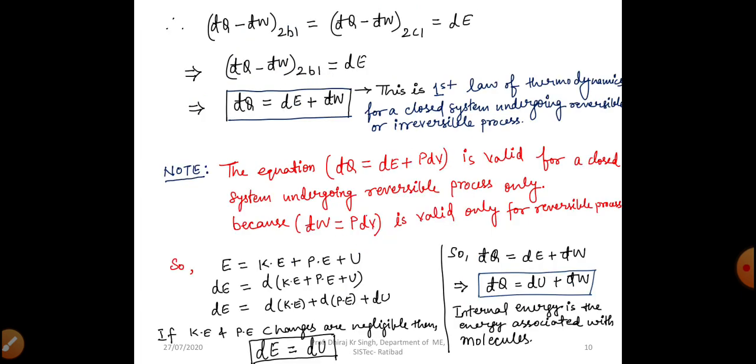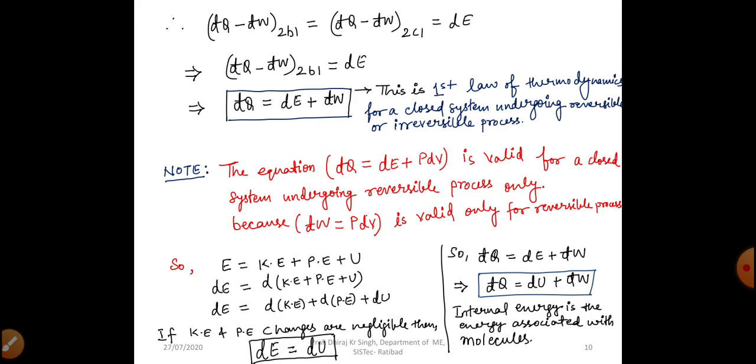Right, from this equation, if we move further, how can we write it? Del Q minus del W for 2b1 equals del Q minus del W for 2c1 equals dE, and we can write del Q minus del W equals dE, and when we remove the 2b1, we can write it as del Q is equal to dE plus del W. So del Q equals dE plus del W. This is the first law of thermodynamics for a closed system undergoing a reversible or irreversible process.